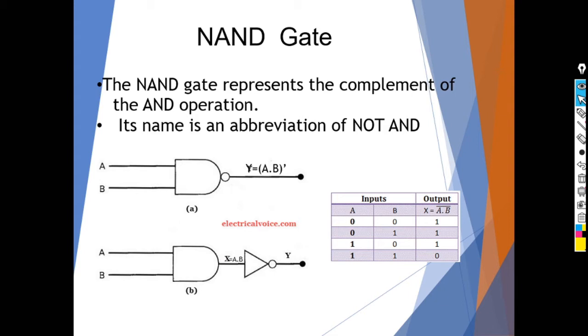You can see that the output will be 1 if at least one of the inputs is at 0. In the other case, the inputs at 1, 1, the output will be 0. Here we have seen two input NAND gates. This can be extended to any number of inputs.